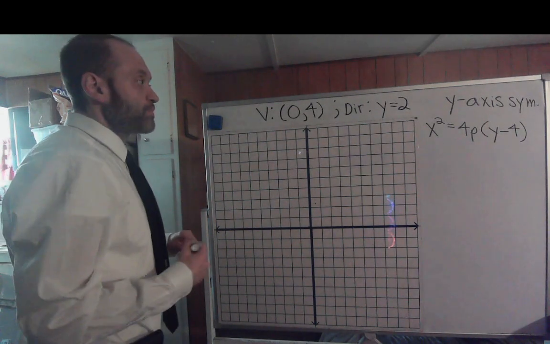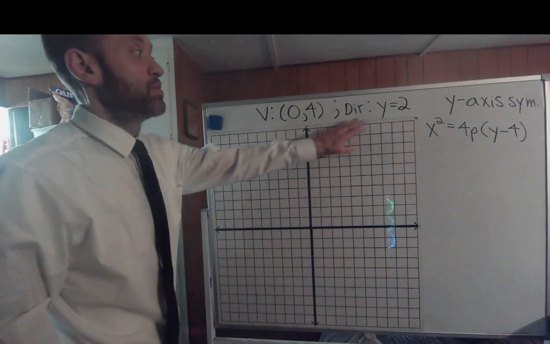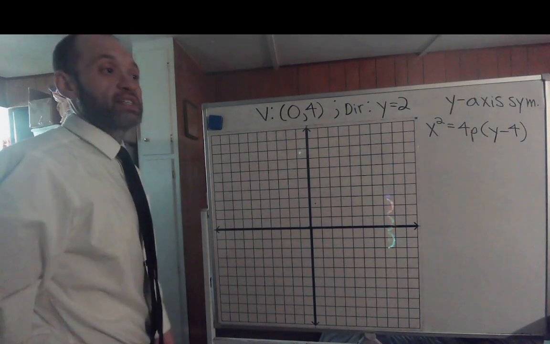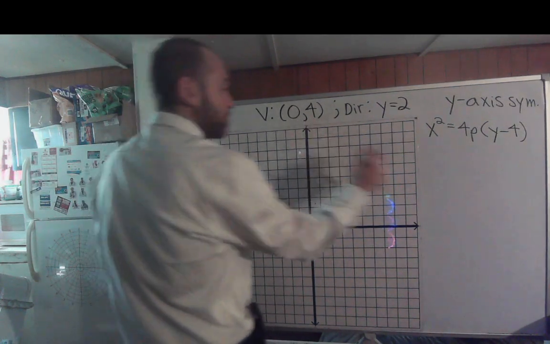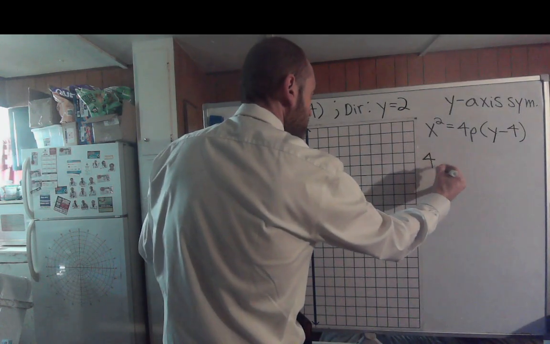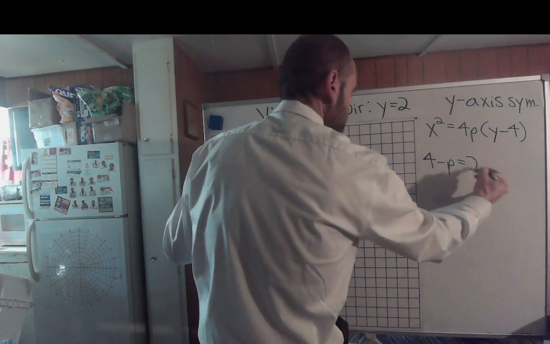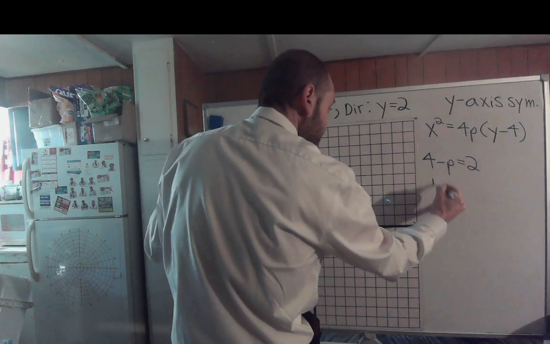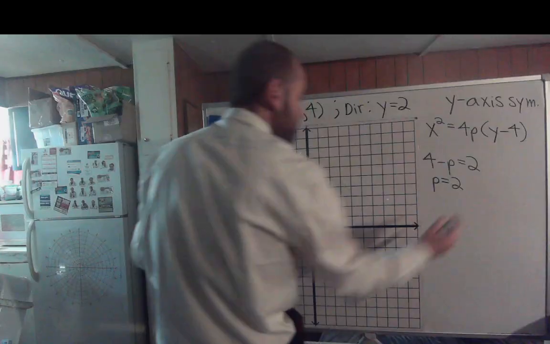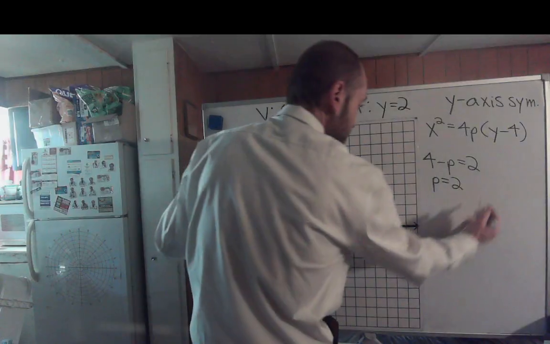Now, what is true about getting from the vertex to the directrix? You need to subtract p, right? So that means the y-coordinate of 4 minus p equals my directrix of y equals 2. So 4 minus p equals 2. That just means that p is going to equal 2, but we need to get 4p for the standard form of the equation.